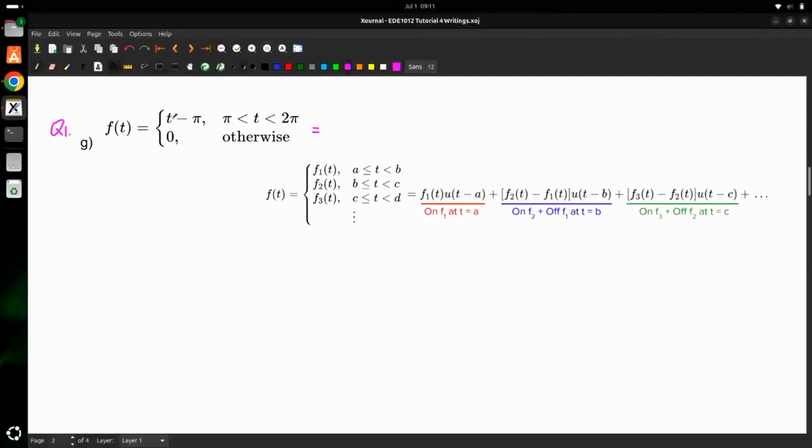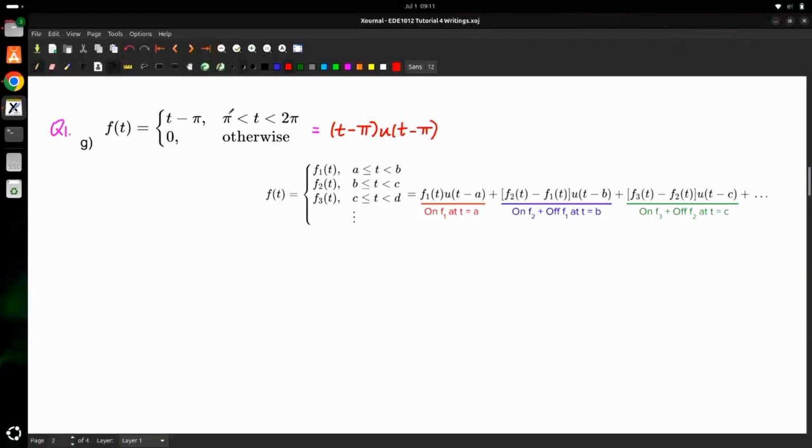Because your f1 is this guy. So really, you just have f1, which is t minus pi, times the unit step t minus pi. You see this is pi, so that means it will be t minus pi as well, because you start the t minus pi function at t equals pi. It doesn't matter whether the function starts at t equals pi or immediately after pi, it's the same.